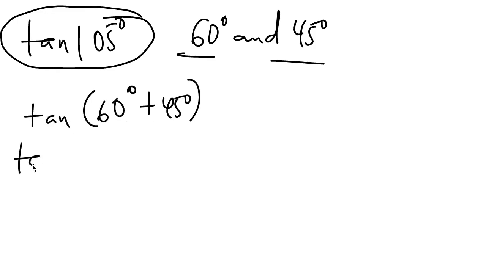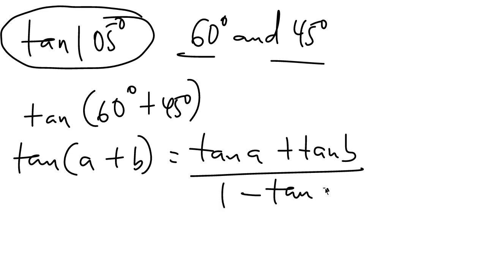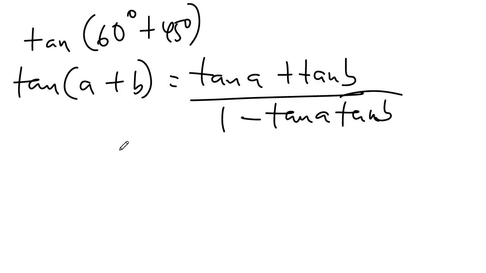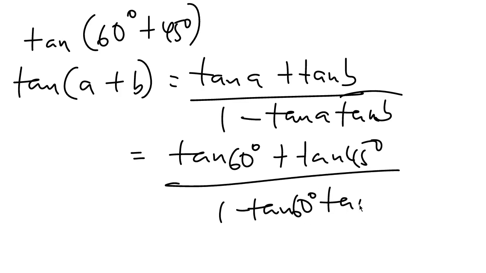And using the general formula that says that tan A plus B is equal to tan A plus tan B all over 1 minus tan A tan B, in this case of tan 60 plus 45, it will be tan 60 plus tan 45 all over 1 minus tan 60 tan 45.